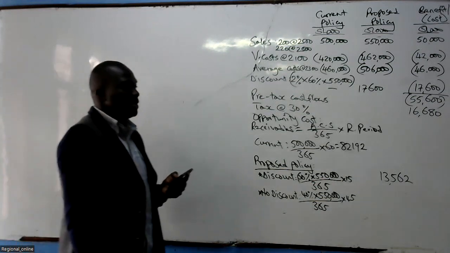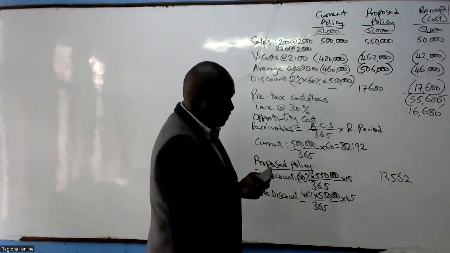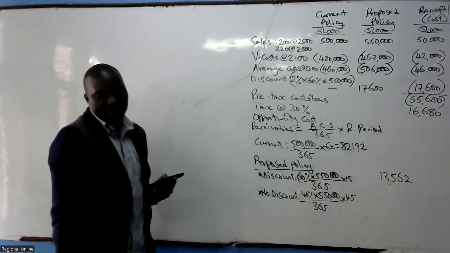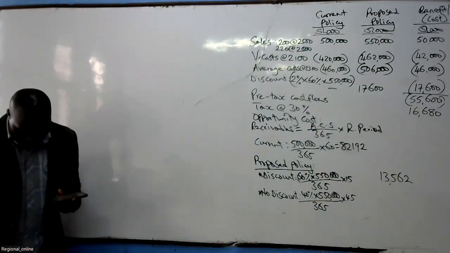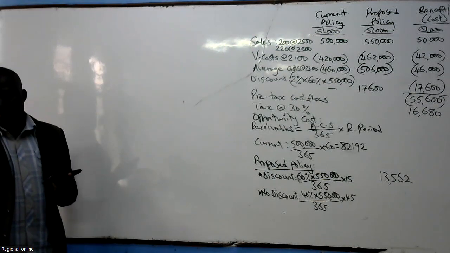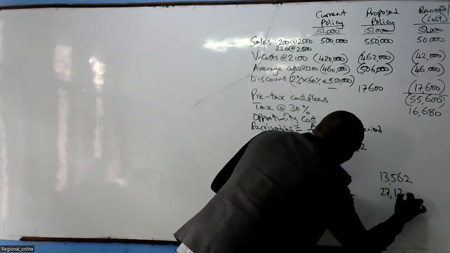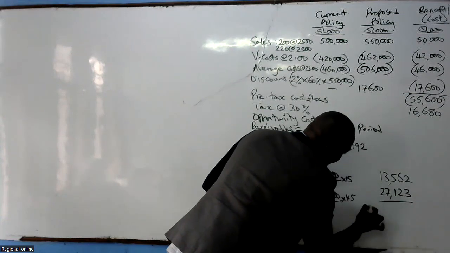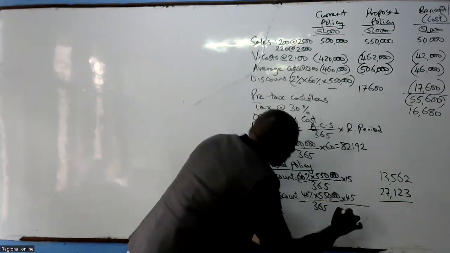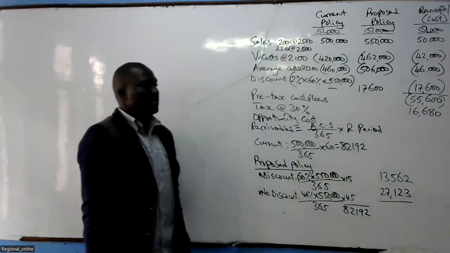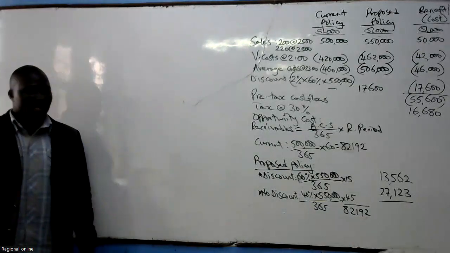So how much would that be? 27,123. So currently it's 82,192 with the proposed policy.